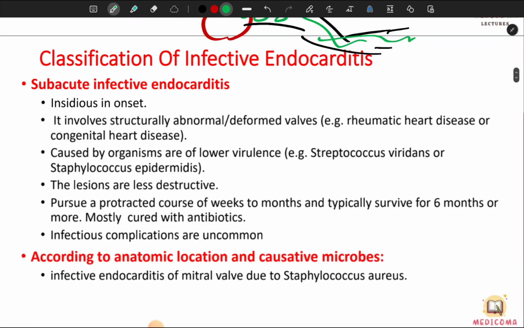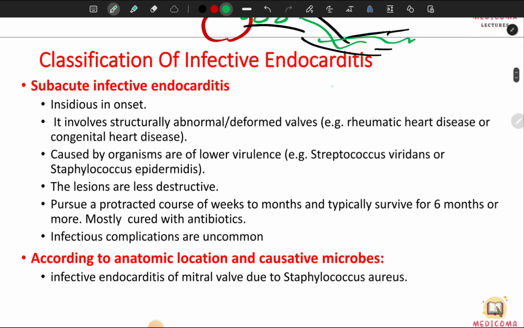Then, in the classification of infective endocarditis, we will discuss subacute infective endocarditis. It has an insidious onset and involves structurally abnormal valves. As previously mentioned, acute infective endocarditis involves only the normal heart, but here abnormal heart valves are involved, like in rheumatic heart disease and congenital heart disease. It is caused by organisms of low virulence like Streptococcus viridans and Staphylococcus epidermidis.